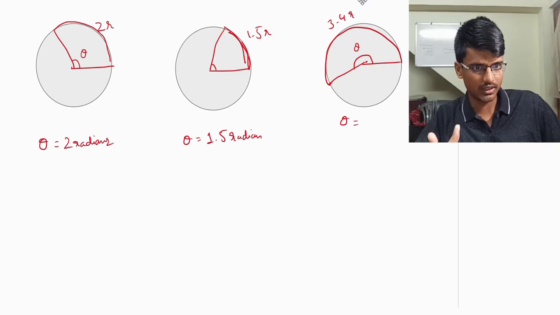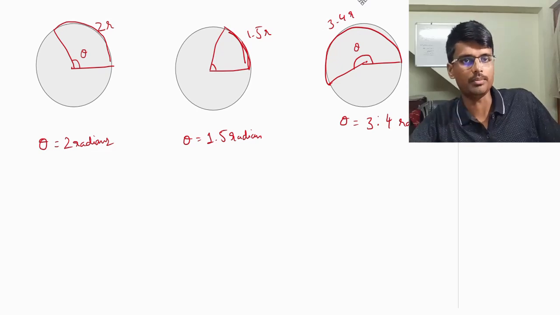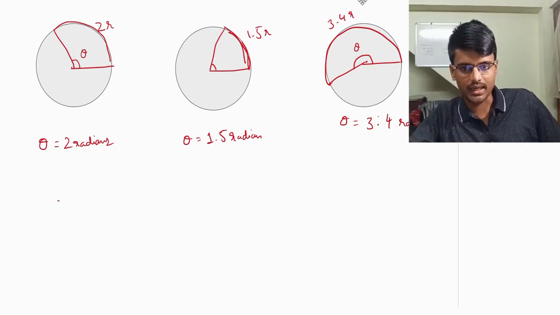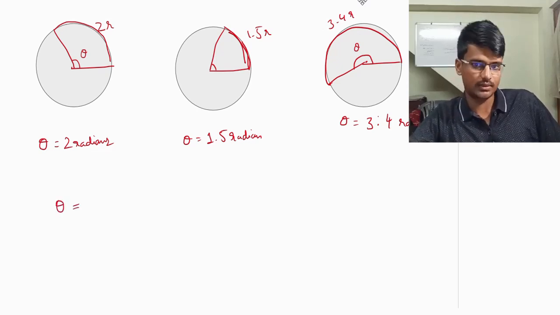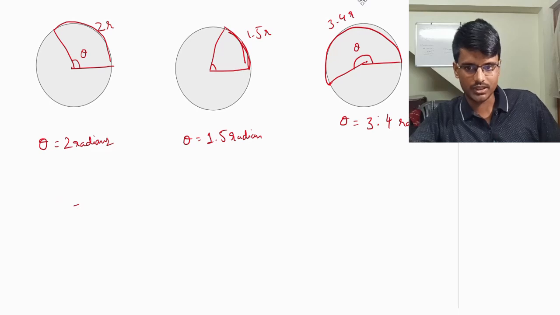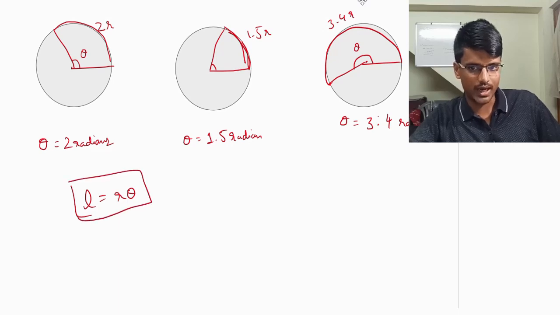This will be nothing but 3.4 radian. So what do you observe here? Our theta is nothing but, the relation is L is equal to r theta. Let me just tell you this. Here, whatever is our arc length, L is our arc length.